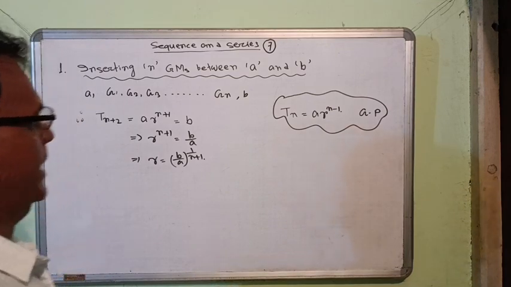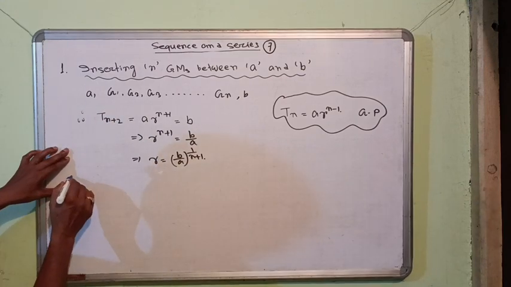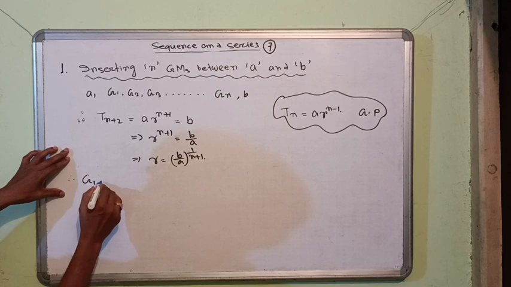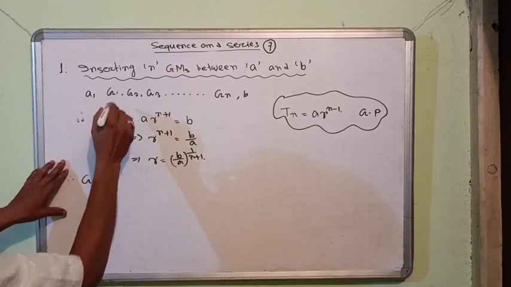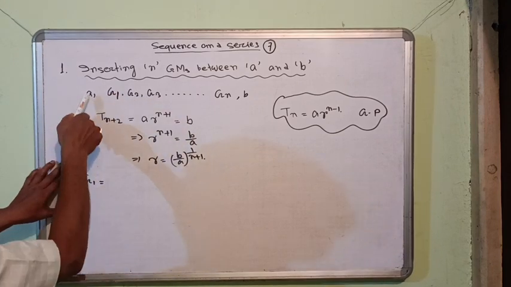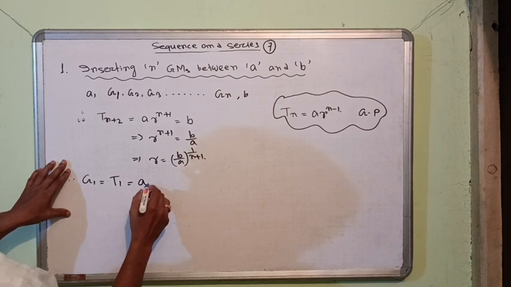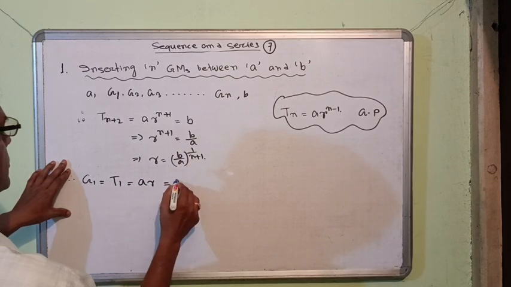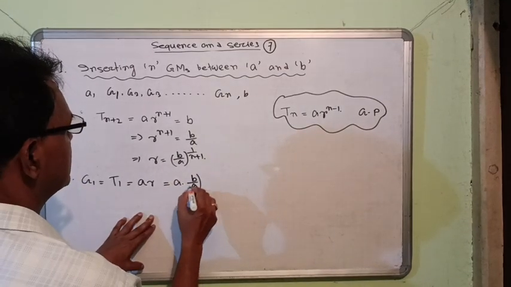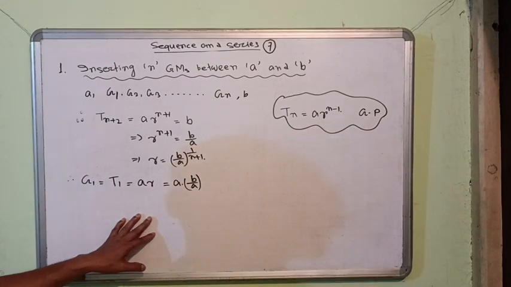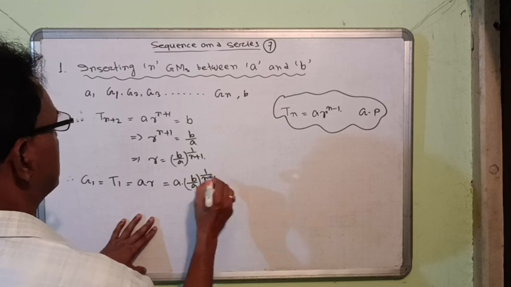Now to find the GMs, that is Z1. Z1 is nothing but the second term, that is T2, which is AR, equal to A into (B by A) whole to the power 1 by n plus 1.